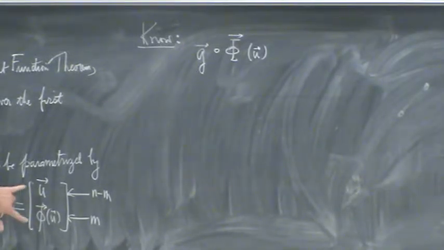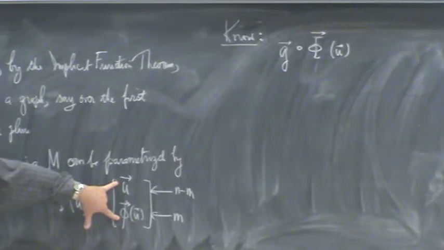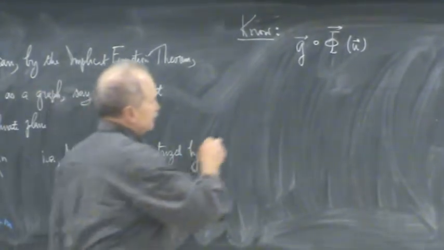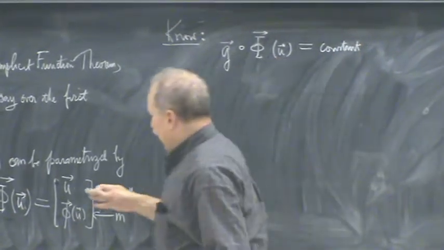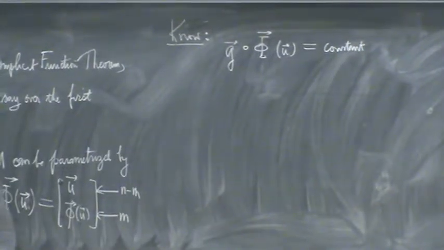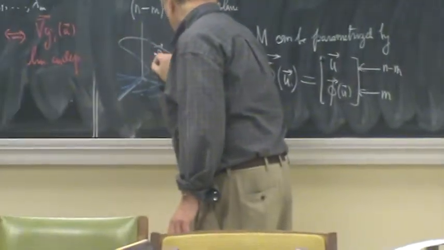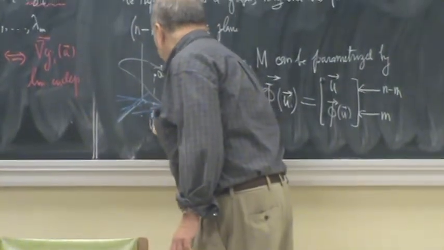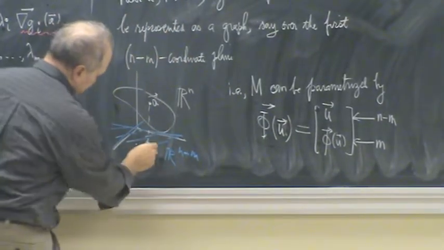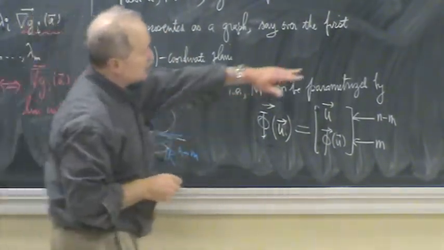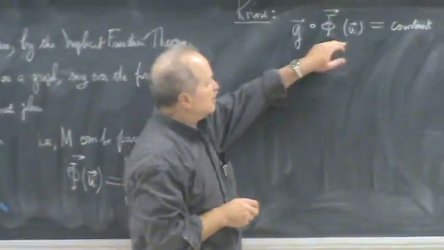I get a point on M, and I do G of it. It's constant. So let's say u naught is the point that corresponds to A, and as I vary u, G doesn't change when I plug in the points on the graph.